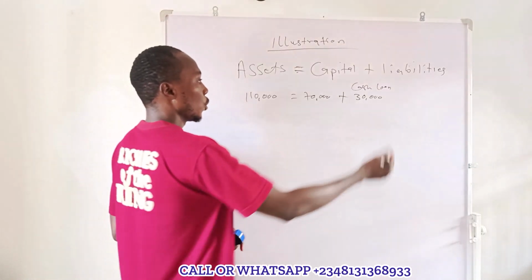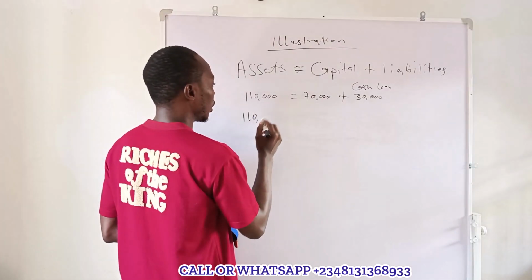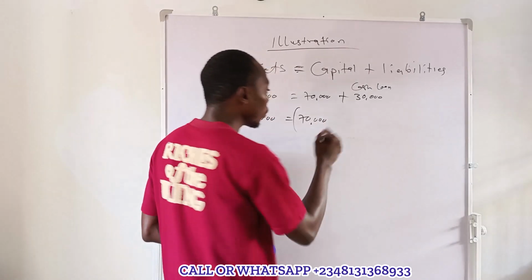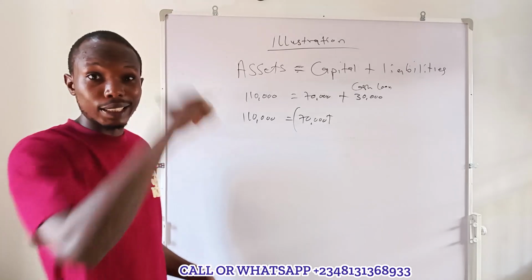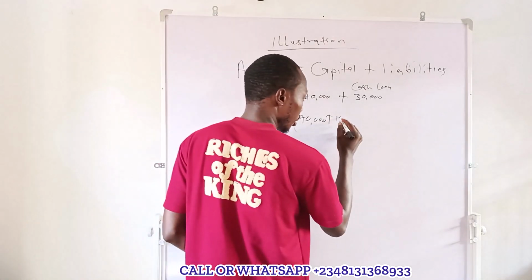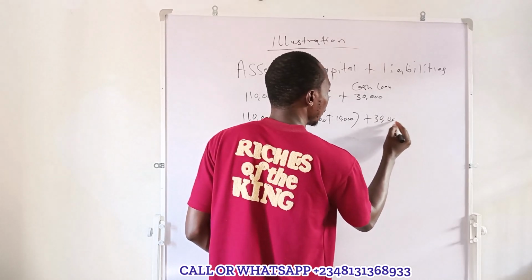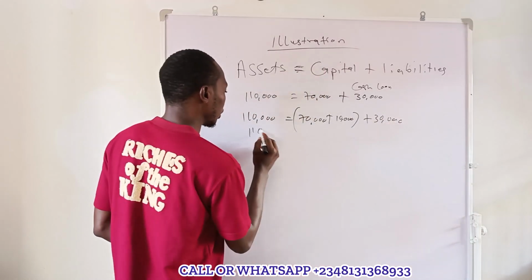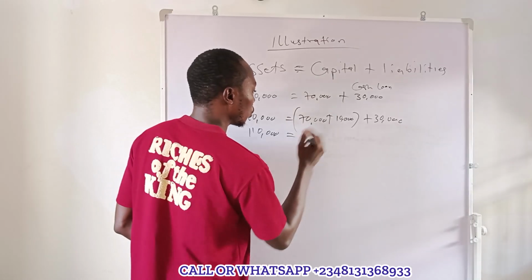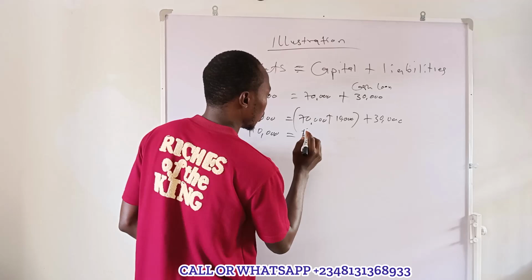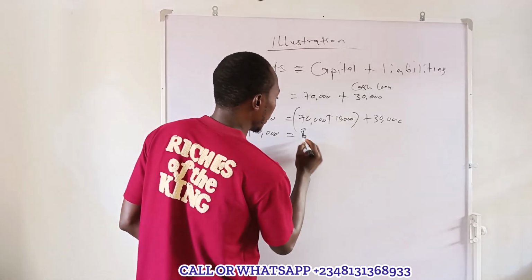So it means we're supposed to have it as 110,000 equal to 70,000 from profit and loss. You bring in that 10,000 revenue, which is positive, 10,000, then plus 30,000. So you have 110,000 equal to... this is 60, right? 70 plus, oh, this is 80.